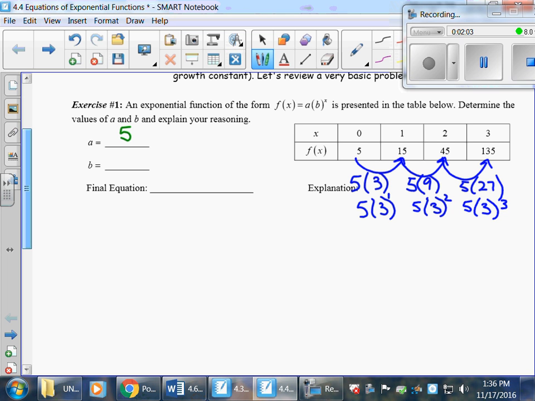So I can see here that my base is 3. So my final equation is f of x is equal to, my y-intercept is 5, my base is 3 raised to the x power. So again, not a lot of math going on there, but some common sense going on there.